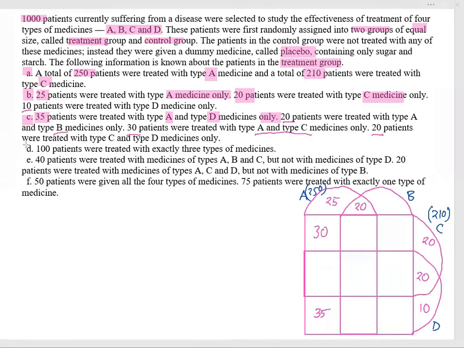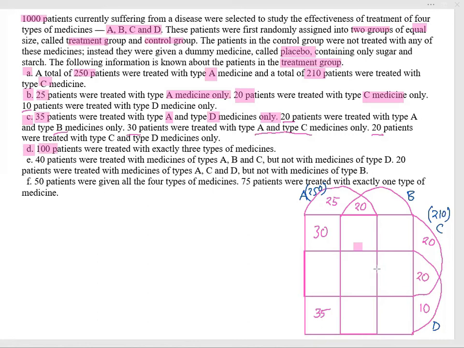Now let us go for the point D. 100 patients were treated with exactly 3 types of medicine. Exactly 3. Which are exactly 3? This segment, we can find it out. It is scattering. This segment is scattering A, B, and C, exactly 3.